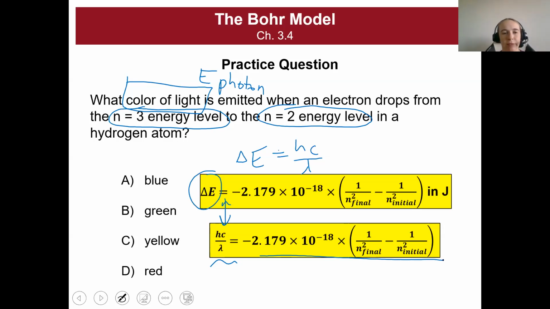So let's find out what color that is. Could be blue, could be green, yellow, red, but if you think back to the hydrogen atom emission spectra, green and yellow aren't on the emission spectra for hydrogen. So it's going to be blue or red. Let's find out which one it is.